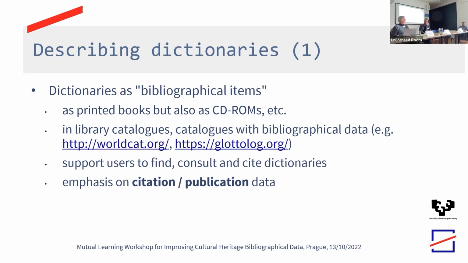One of them are the classical library catalogs or catalogs with bibliographical data, such as from the national libraries, WorldCat.org, or even Glottolog, which is a website for languages, but also has for each language reference material, books about the language, grammars, dictionaries, articles that speak about the language, the history, etc. In these catalogs, we see that the dictionaries are represented as bibliographical items, printed books, CD-ROMs, etc. Of course, they have digital resources.